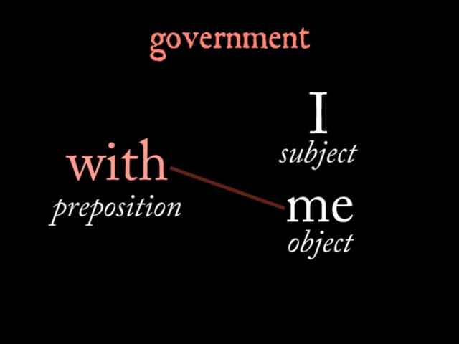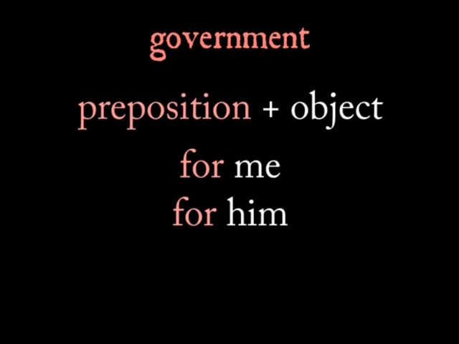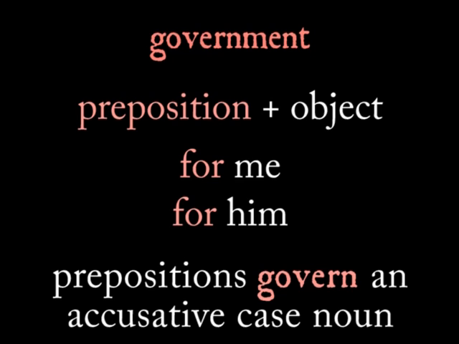In other words, the word accompanying the preposition must be in the object case. So I would say for me, but not for he. I instead say for him. I don't use the subject case pronoun after the preposition for, or any preposition for that matter. I use the object case. So we say that prepositions in English govern the accusative case of pronouns, or the object case of pronouns.